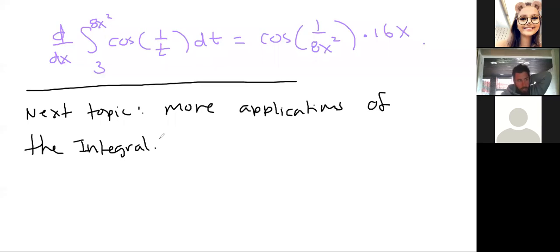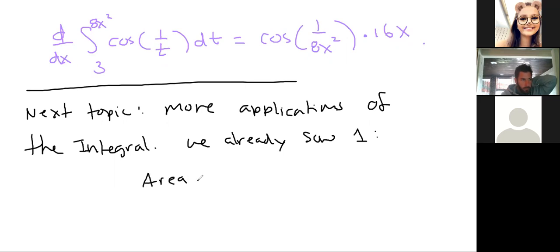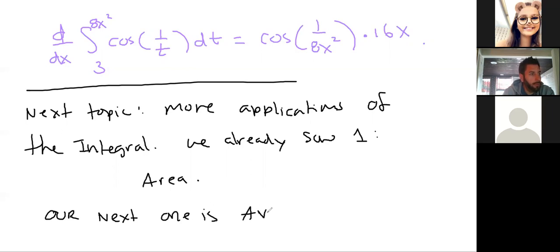So we already saw one application, and that was area. So our next one is what's called average value.